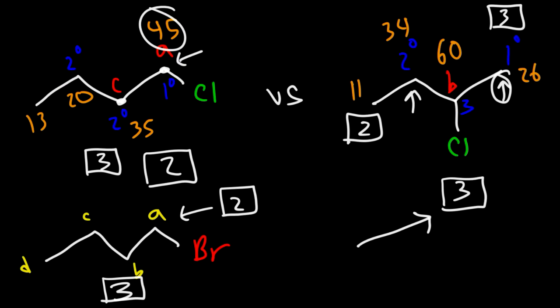Now this is going to be a close battle, but it turns out that carbon B is going to win, but not by much. Carbon B has a chemical shift of 35, just like this one, but carbon A is 33 because bromine is not as electronegative as chlorine. And so when dealing with the proximity effect, you need to think about the strength of the electronegative atom.